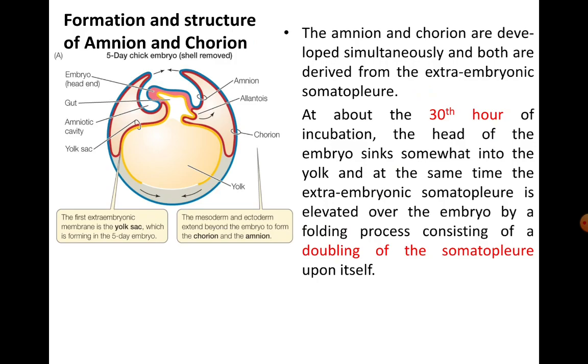The amnion and chorion develop simultaneously from the extra embryonic somatopleure. What is somatopleure? It is the ectoderm and the somatic layer of mesoderm that together form the somatopleure. The outer layer is ectoderm and the somatic layer of mesoderm is towards its inner side.